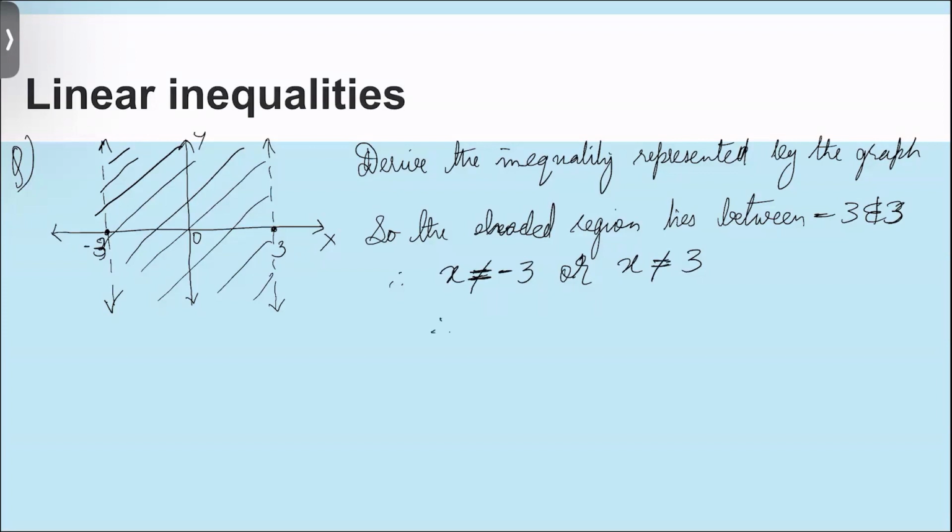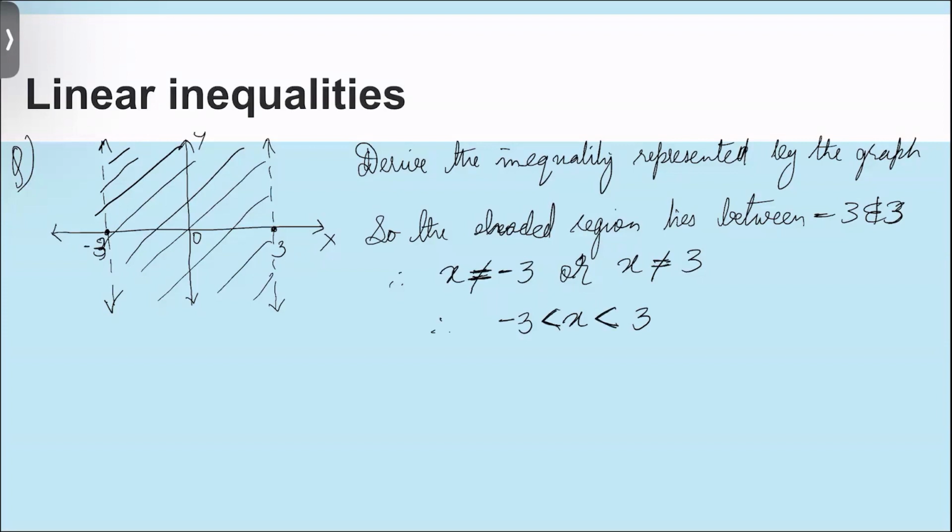Okay, so therefore your x actually lies between -3 and 3. Okay, so -3 is going to be less than all the values of x, and 3 is going to be greater than all the values of x.